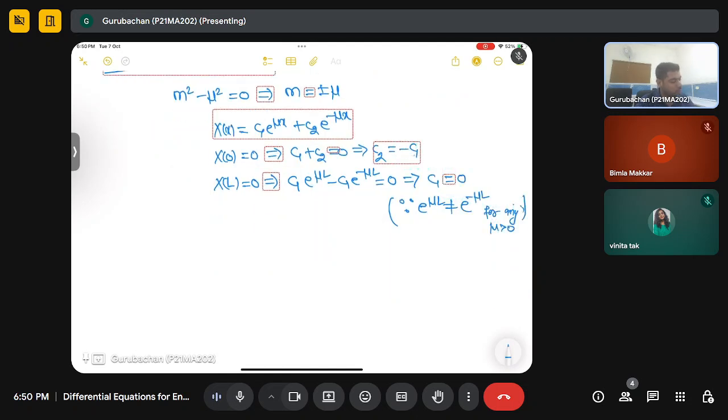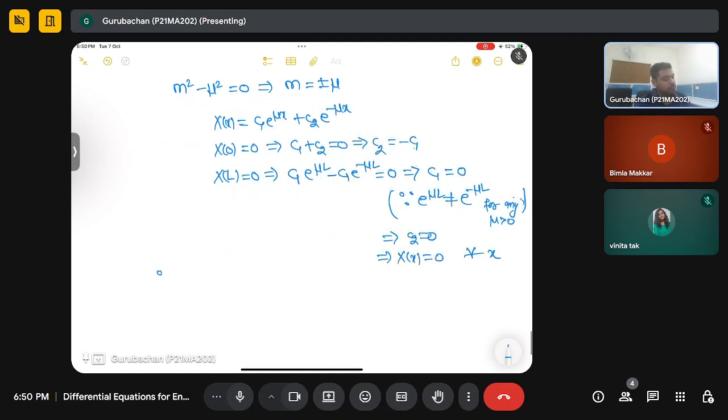So if c1 is 0, that means c2 has to be 0. That means X(x) is 0 for all x. Therefore, lambda equal to mu square is not an eigenvalue for the SL system.